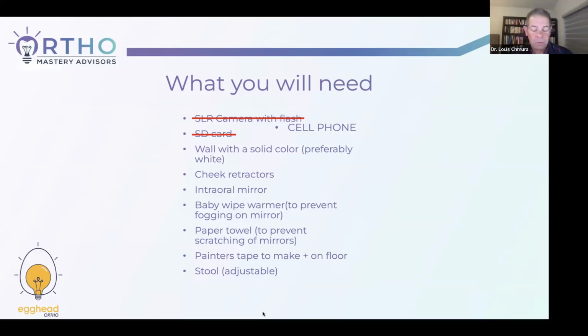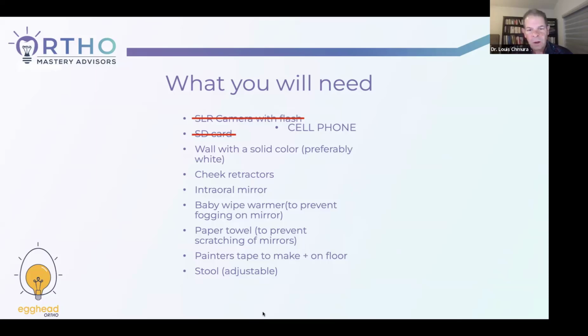Many companies will send those to you when you take records. You need an intraoral mirror. I got to where I was only using the intraoral mirror for the occlusal shots. You can do them without, but then you can't look straight down on the teeth. So an intraoral mirror for occlusal shots works well. There are also intraoral mirrors for side shots, but not everybody uses those.